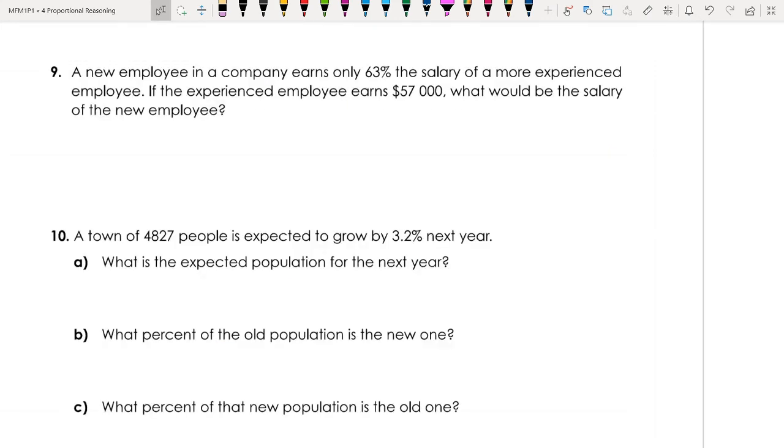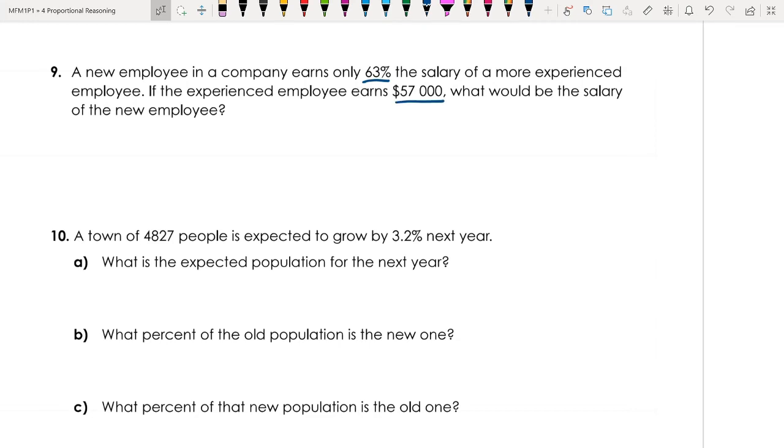Question number 9 says, a new employee in a company earns only 63% the salary of a more experienced employee. If the experienced employee earns $57,000, what would be the salary of the new employee? So in this question, all you're being asked to do is to find 63% of 57,000.